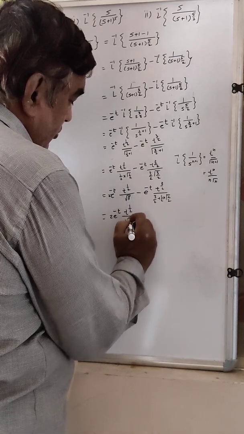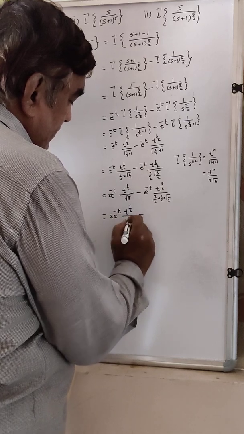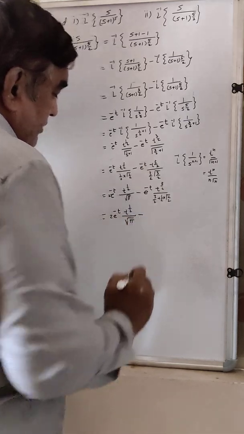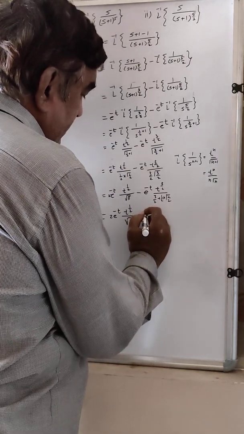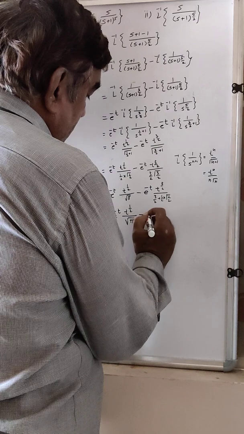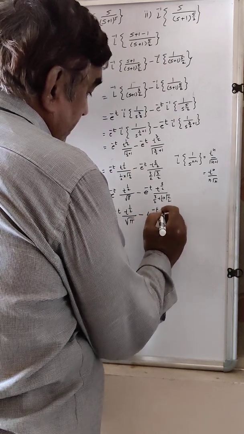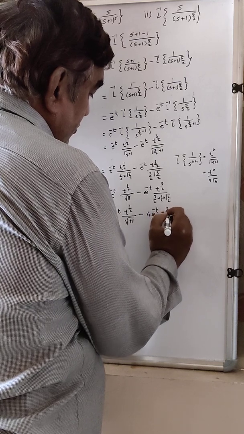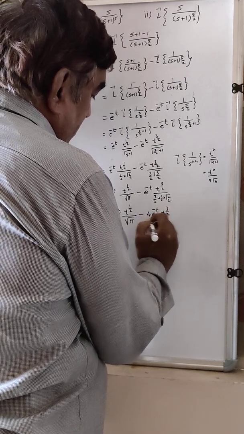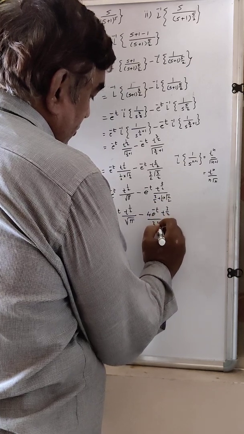upon root pi, minus e raised to minus t. Here 2 into 2 is 4, e raised to minus t, t raised to 3 by 2 upon 3 into root pi.